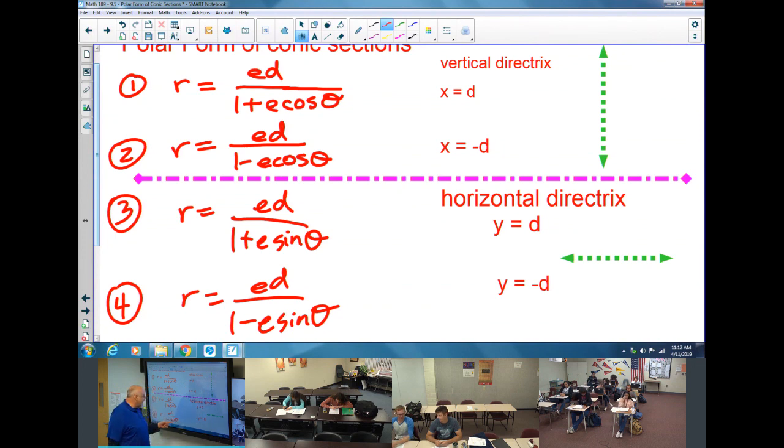If you have a sine in the equation, that makes your directrix horizontal. In both cases, whether the equation is x equals d or x equals negative d, that plus or minus depends on the sign in front of the e. That determines whether it's going to be a positive or negative value.